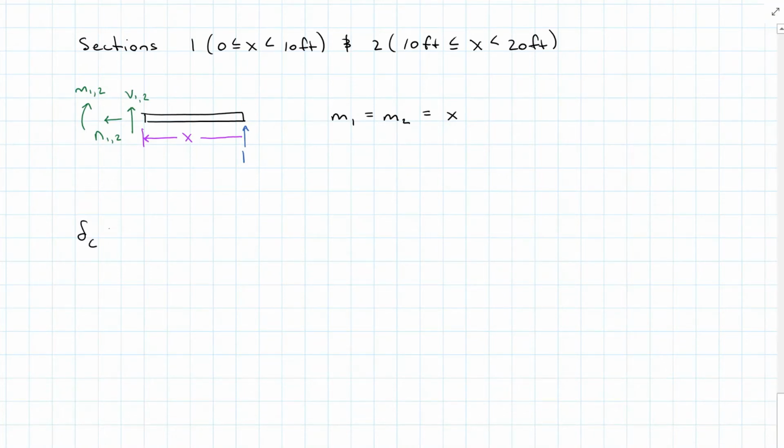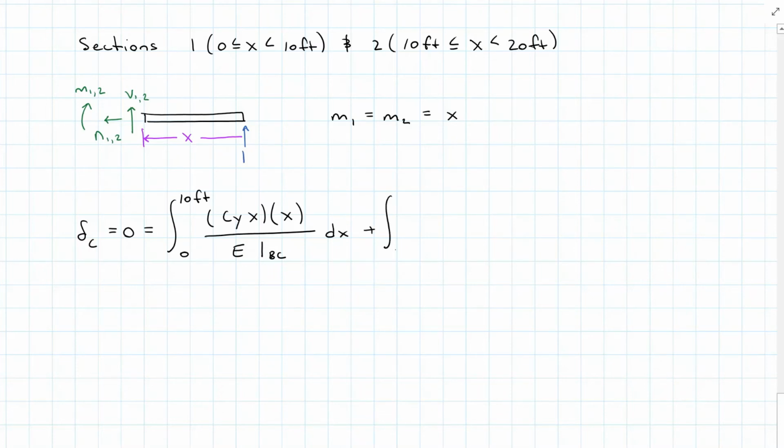So the deflection at C is equal to 0, and it's going to equal the integral from 0 to 10 feet of my M1 equation, CYX times my little m1 equation all over E, which is constant, I, B, C. So there's where our inertias come in, plus the integral from 10 feet to 20 feet of my big M equation, CYX, x squared.